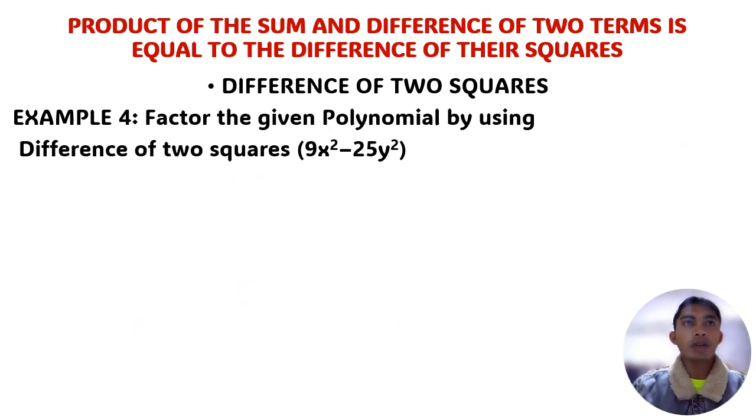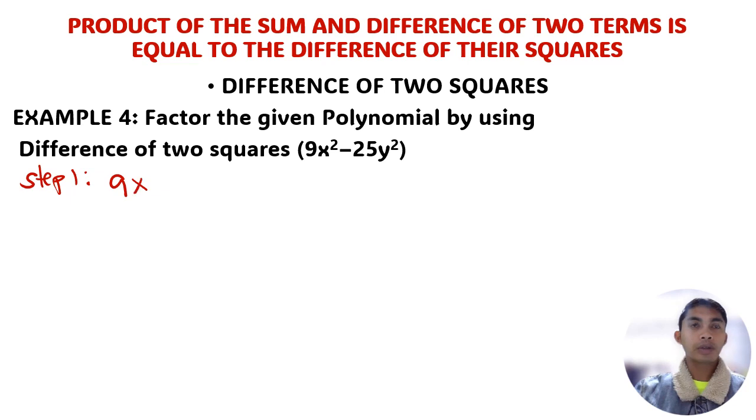Okay, so let's have example number 4. We need to factor again the given polynomial by using the difference of two squares. Again, the first step is to copy the given, which is 9x squared minus 25y squared. In step 2, we need to find the square roots of the two terms.